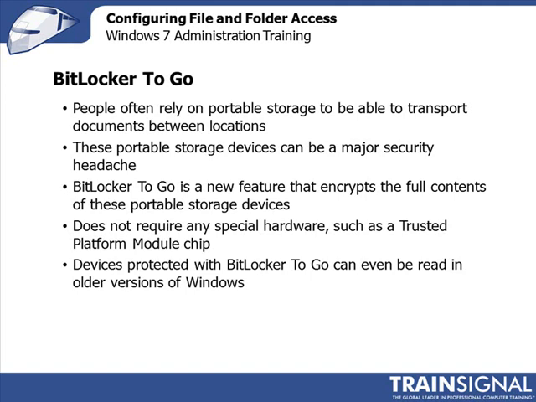Basically, when you install a USB device on an older version of Windows, you're asked if you would like to install the ability to read files from that USB device. And that really makes BitLocker To Go a pretty ideal solution, since you can't be guaranteed that everyone has the exact same versions of Windows running at both the office and at home. You can use BitLocker To Go to allow these users to transport files securely back and forth between locations.